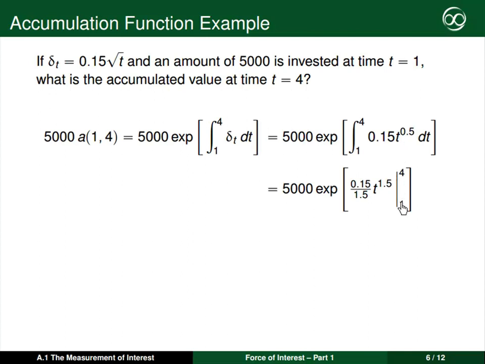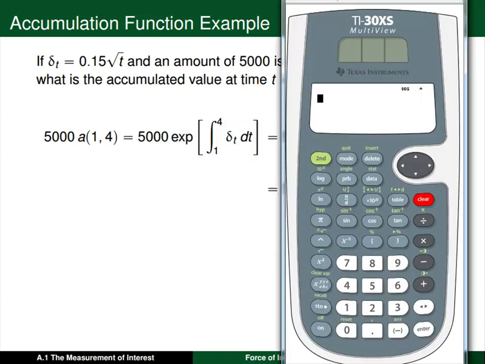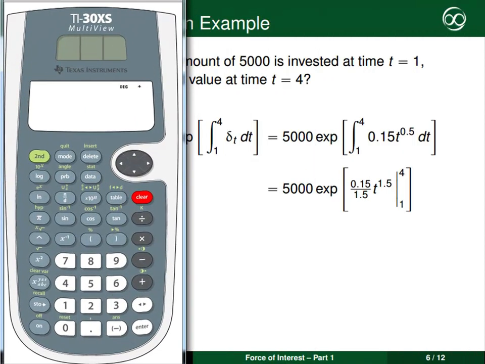And now I'm going to evaluate this from 4 to 1. And now it becomes a calculator exercise. So let's use this calculator here. So I'm going to take t to the 1.5, so that's 4 to the 1.5, minus, so hit my right arrow to get out of the exponent, minus 1 to the 1.5, which I know is just 1.